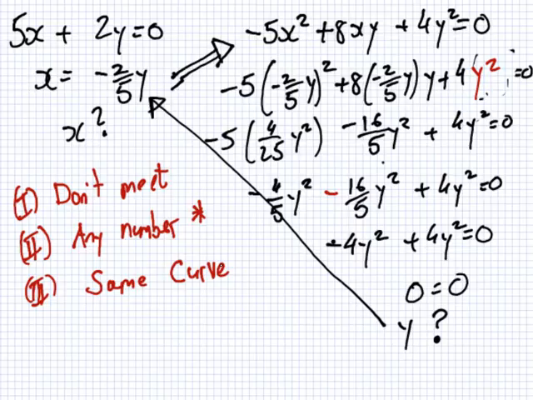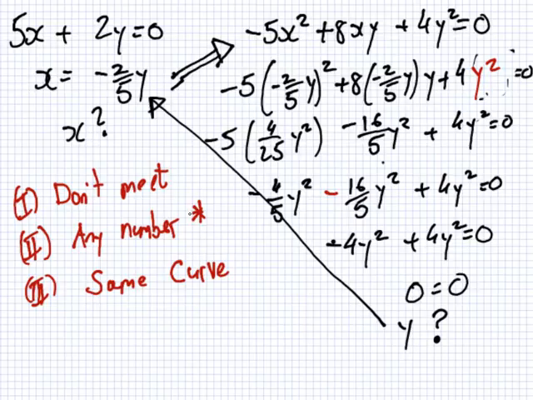They're the same actually. Okay, so which possibility is it going to be here? What do you think? Is it that they don't meet? Could be any number? Or that they're the same curve?